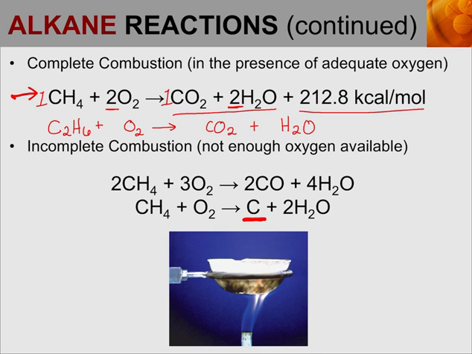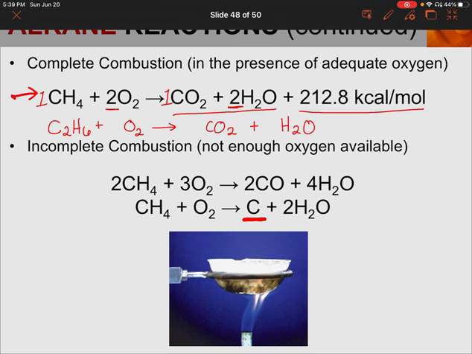Well, we need to make sure by the law of conservation of mass that we have the right number of atoms on both sides of the equation. So if we go through this, I'm going to start by balancing carbon. How many carbons do we have on the left-hand side of the equation? 2.